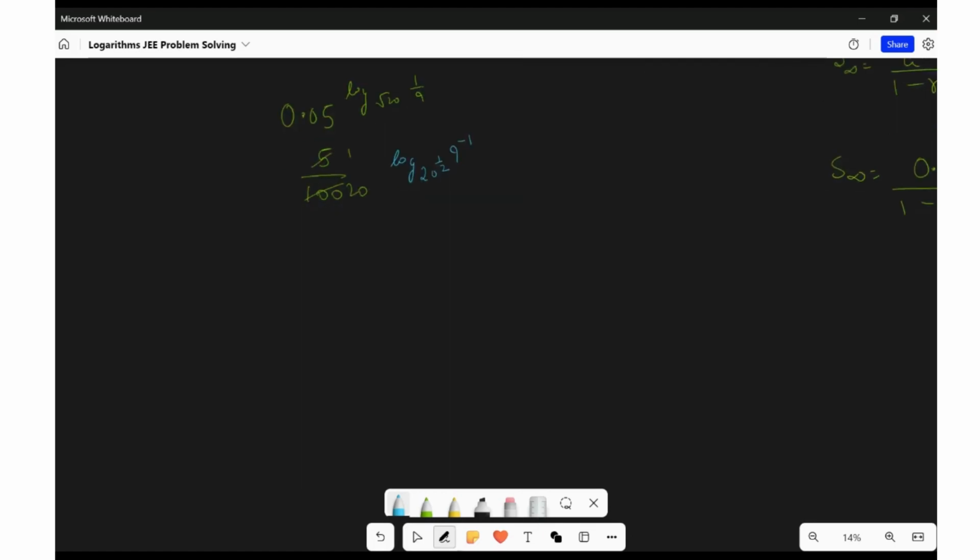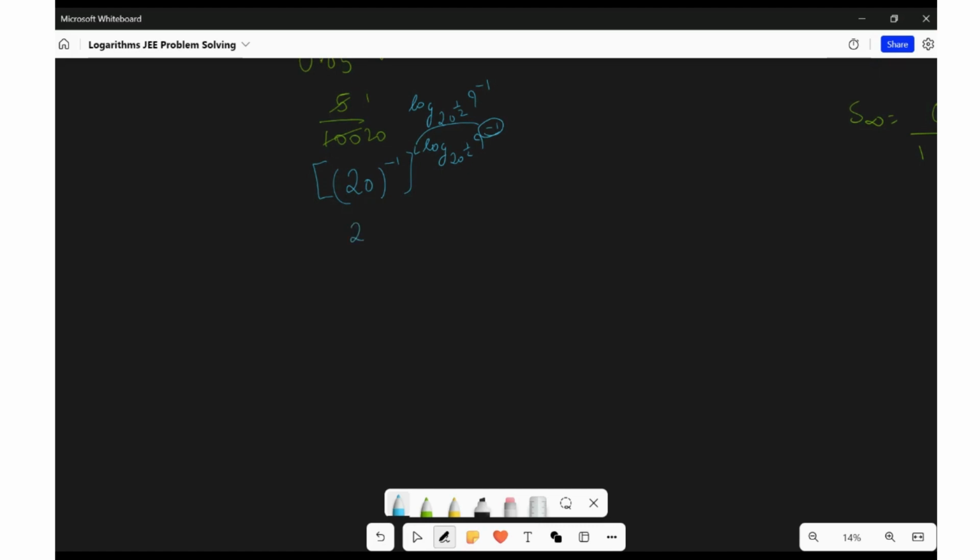Now 1 by 20 can be written as 20 to the power minus 1, and that is to the power log 9 minus 1 base 20 to the power 1 by 2. Now we can bring this minus 1 here, and minus 1 into minus 1 is 1.